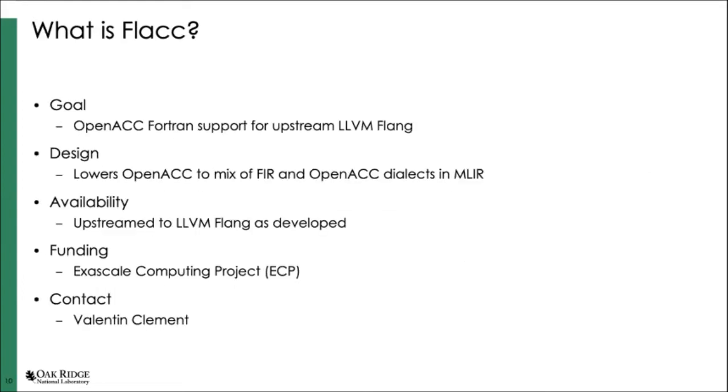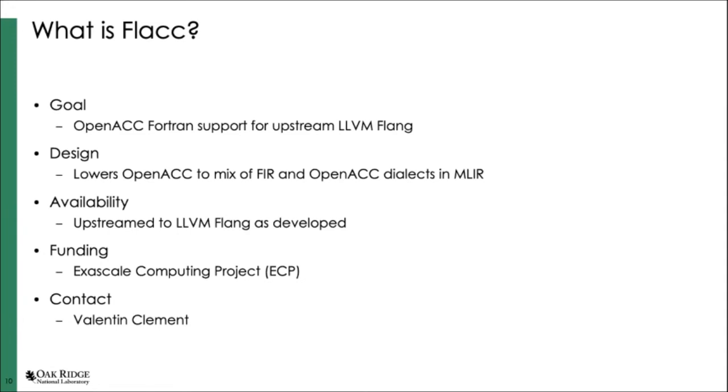There's one last topic I want to bring up. What about Fortran OpenACC support? Flacc is a project to develop Fortran OpenACC support in upstream LLVM Flang, not to be confused with classic Flang. This project has also been funded by ECP, and the primary developer has been Valentine Clement. An interesting difference from Clacc is that Flacc does not translate OpenACC to OpenMP.